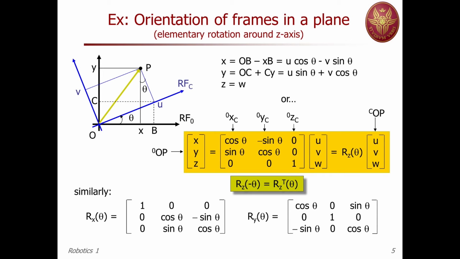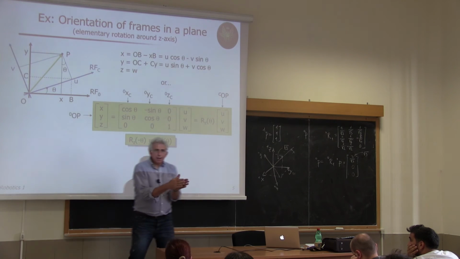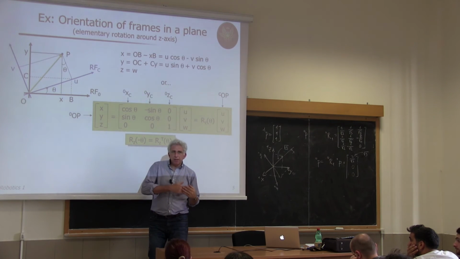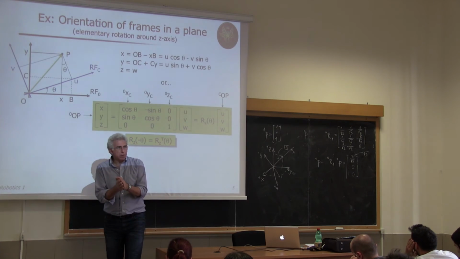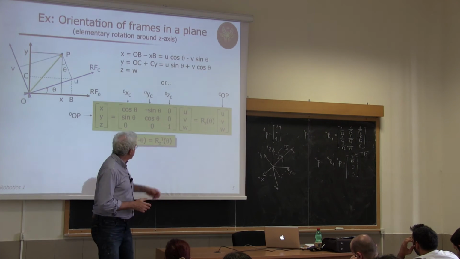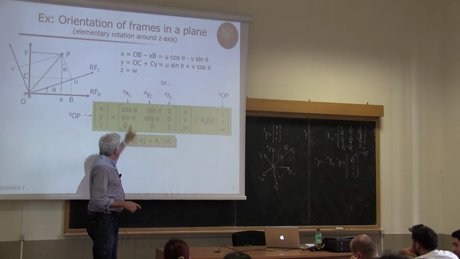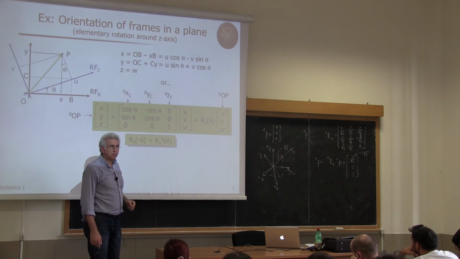If I'm rotating frame 0 by theta to frame C, then I need to rotate frame C by minus theta to get back to frame 0. It's just the reverse operation. And the reverse is the transpose, which in the elementary case is just changing the sign of the angle.